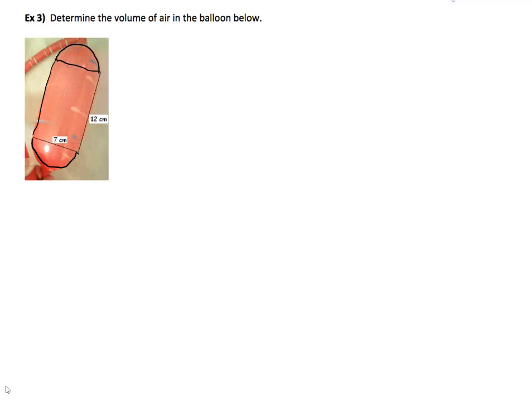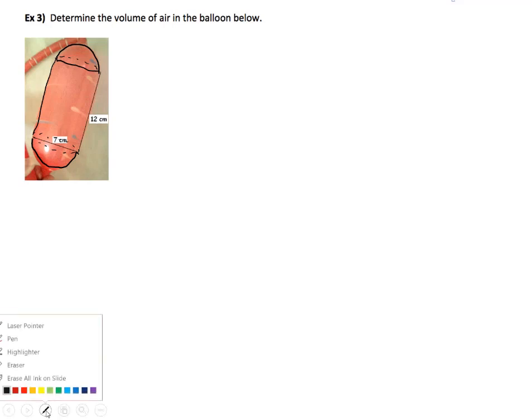So really, you have a sphere and a cylinder. The sphere is basically cut in half, placed on both sides of a cylinder, and that's how you calculate the volume. So you're just going to calculate the volume of a sphere and calculate the volume of a cylinder. And that's all there really is to it.